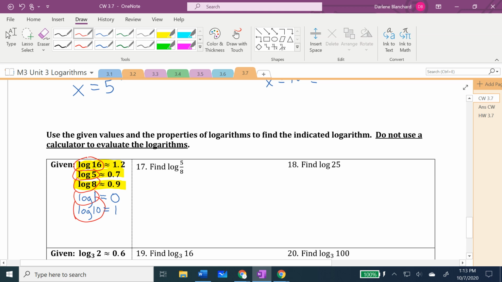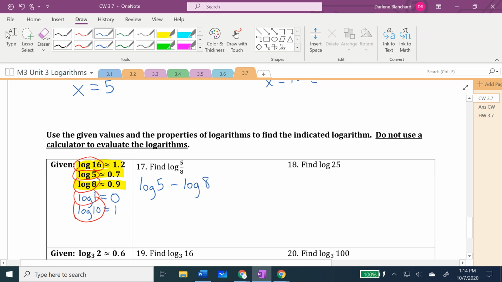So for number 17, you have division inside a logarithm. When you expand that, you are doing what operation between the two logs? What operation goes here with the log rule? Yes, subtraction.